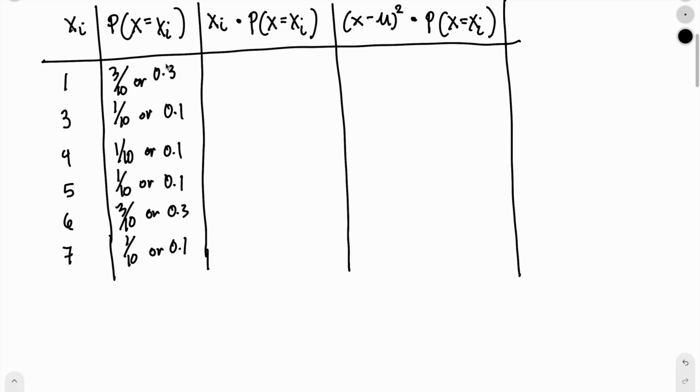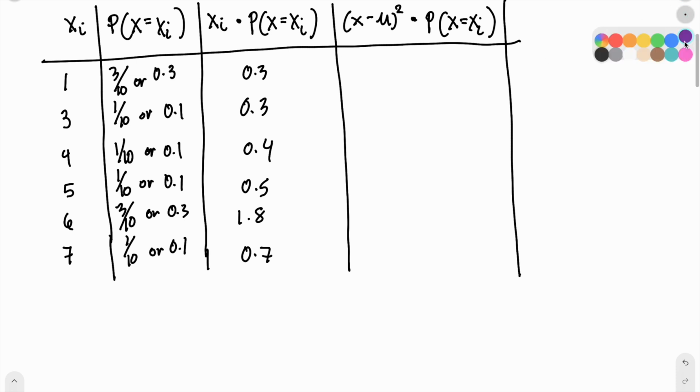Okay. So these are the probabilities that these values 1, 3, 4, 5, 6, 7 will appear in N equals 10. So we multiply each value by its probability. We have 0.3, 0.3, 0.4, 0.5, 1.8, and 0.7. Sorry, I think I skipped something here.